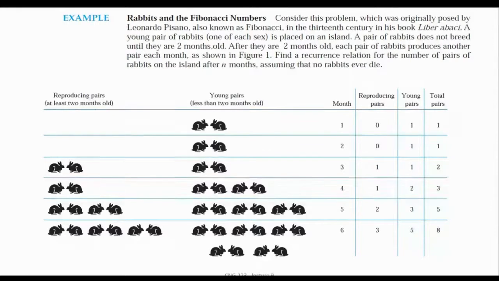So a young pair of rabbits, one female, one male, is placed on an island. A pair of rabbits does not breed until they are 2 months old. So until they are 2 months old, it's not possible for them to have children. After they are 2 months old, each pair of rabbits produces another pair each month, as shown in figure 1.